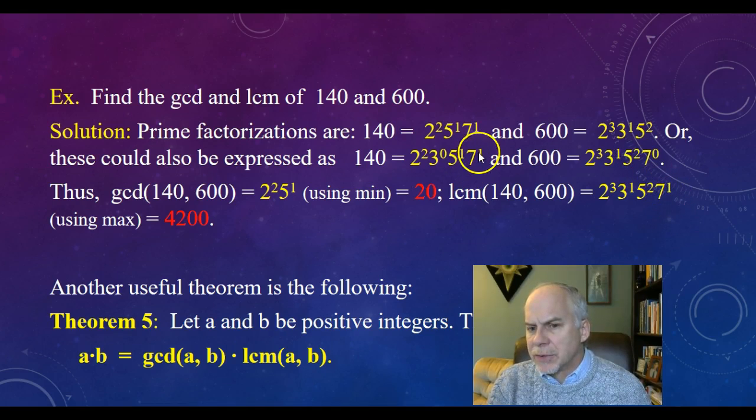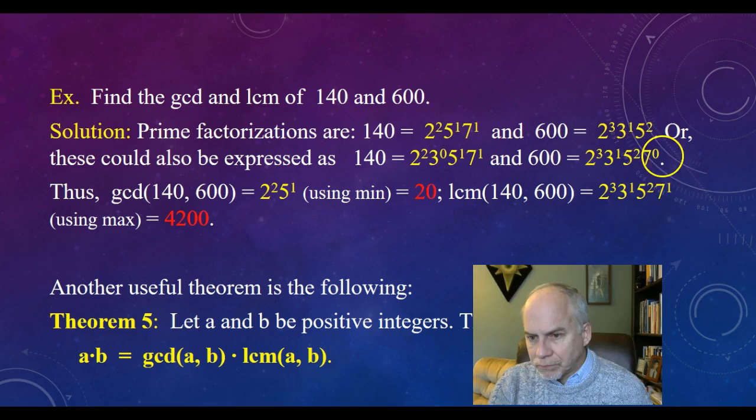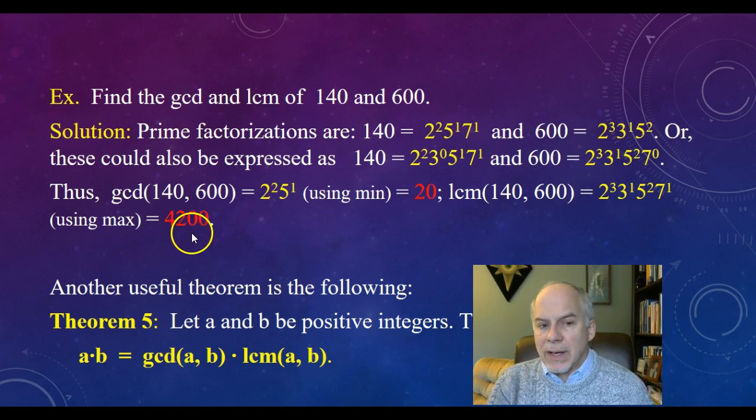And then 7 to the first power. All right. So we got to include the highest of all the exponents. So if you multiply that out, you get 4,200. So the greatest common divisor is 20, but the least common multiple is 4,200.